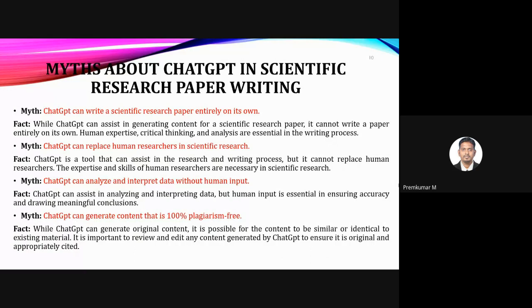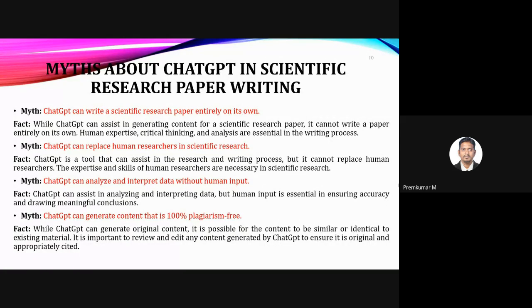So please, if you have something in your mind that we can generate 100% plagiarism-free data from AI tools, no, it's not at all possible. Even if it shows similarity is zero, it will show the AI score is 100%. Nowadays journals have restrictions that the AI score should not exceed 10%.